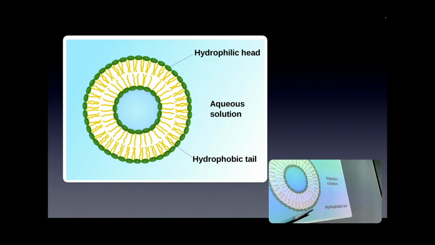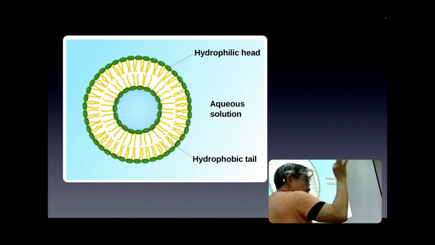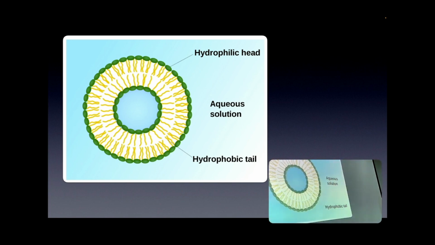That's what somehow must have happened to give rise to the first LUCA-like prototypical cell. The reason why it can easily do this is that outside this phospholipid, the hydrophilic head will take care of everything.